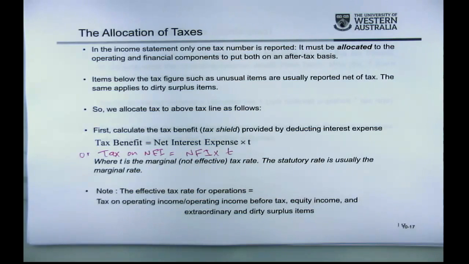It depends on whether we have a net financial expense or net financial income. If we have a net financial expense, we have a tax benefit. If we have a net financial income, we have a tax on this income, okay?